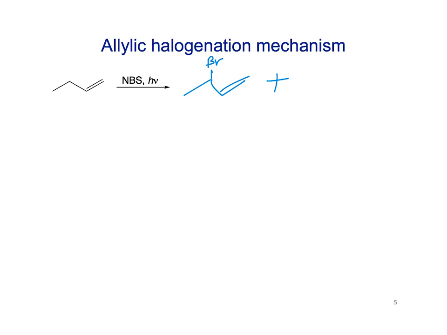However, we get another product out of this reaction as well. And this product looks like this. Oops, that's an R. Okay, so how would we get these two products? Yeah. Resonance? Yeah, it's because of the allylic resonance.